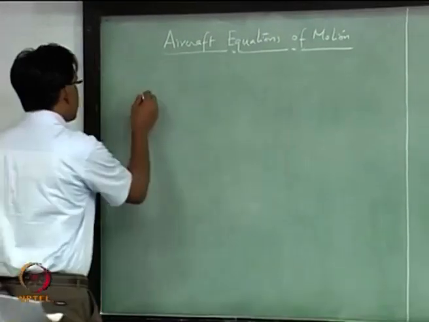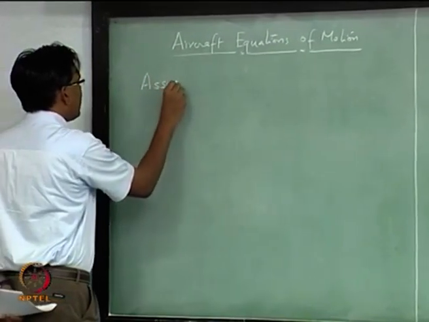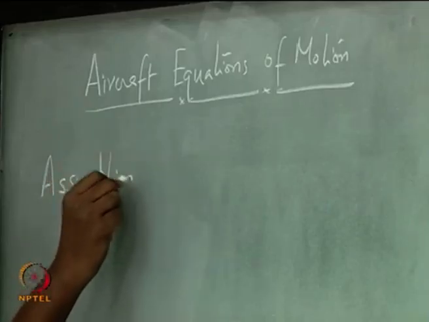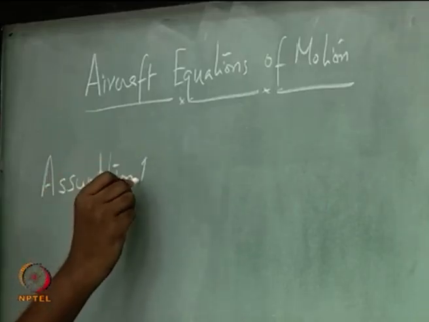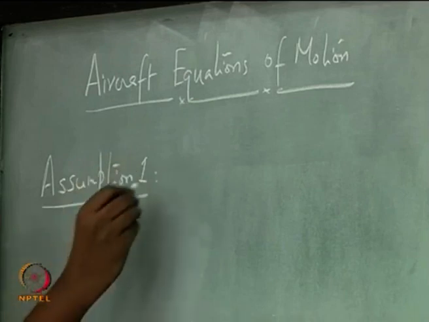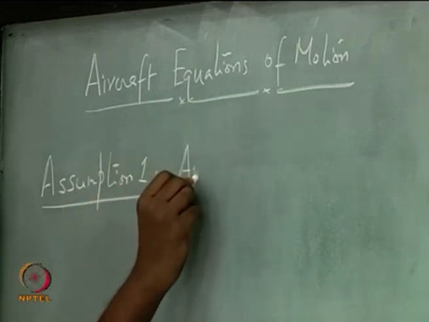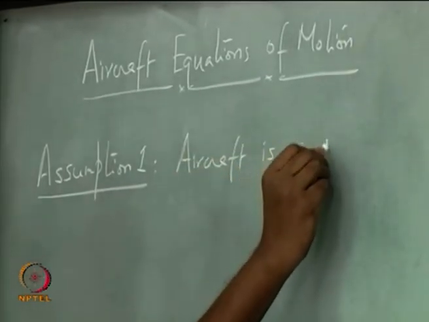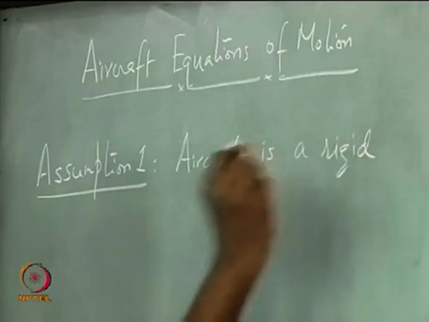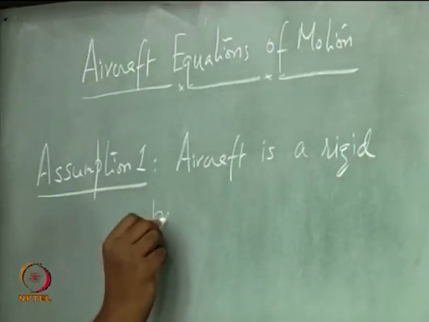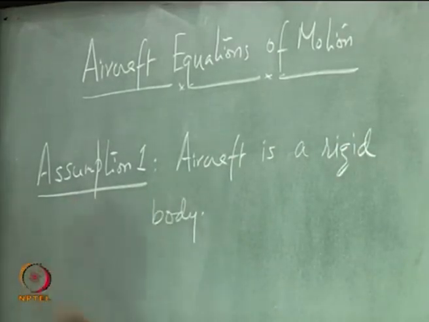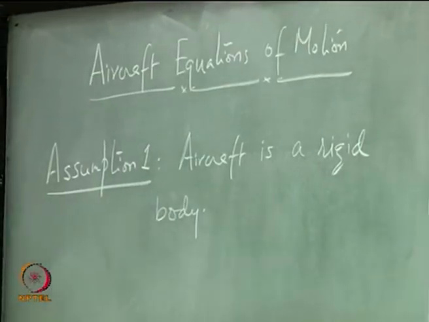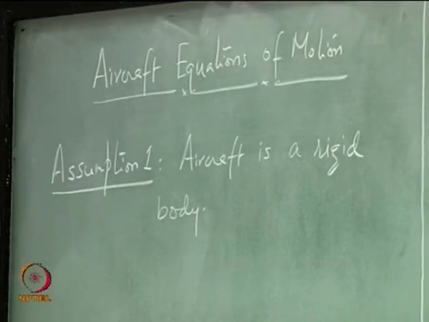So, the first assumption that I am making here is that aircraft is a rigid body, right, and a rigid body can have how many degrees of freedom? 6 degrees of freedom, right.